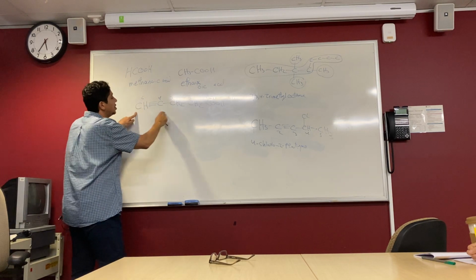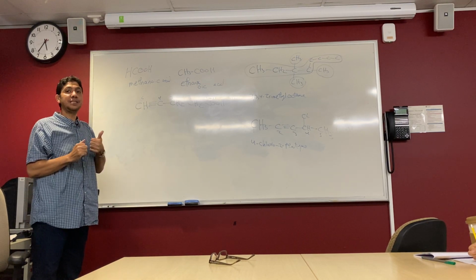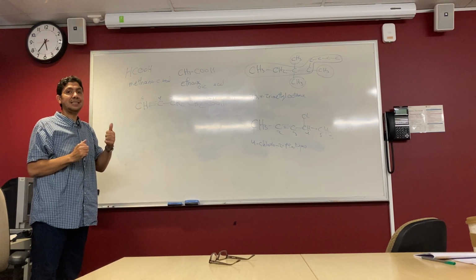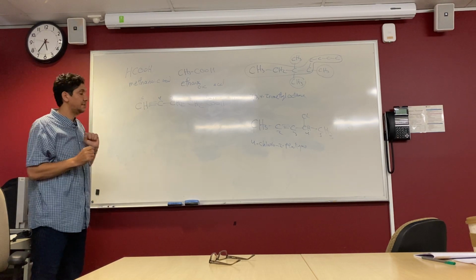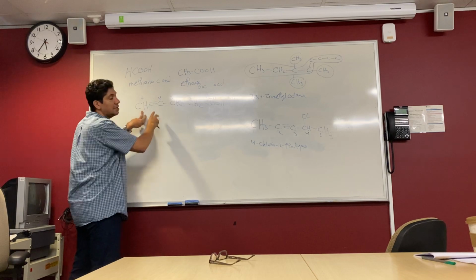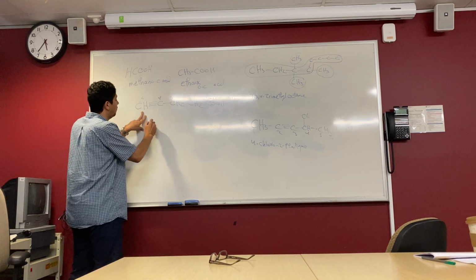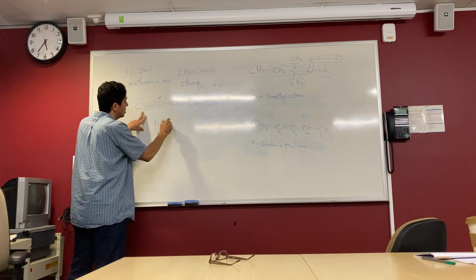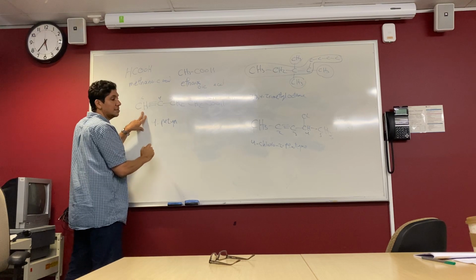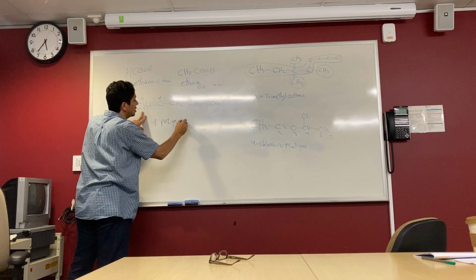So how many carbons here? 5. So instead of pentane, what's the name? Pentanoic acid. Pentanoic acid. But we have an alkyne here. So if it's an alkyne, we need to say 4 because it's between 4 and 5. 4 pentyne. 4 pentyne, right? And at number 1, there is oic. Oic means carboxylic.